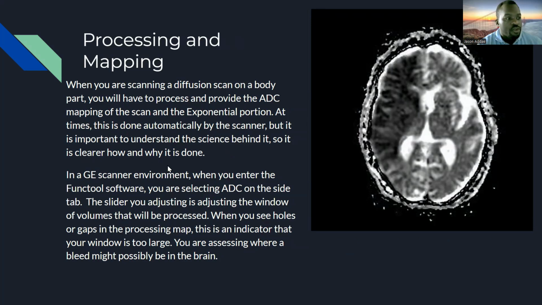We won't get into this too much now, but different softwares have different methods of reformatting their imaging in order to look at blood, in order to look at different values or different weighting of different material, such as brain imaging, perfusions, diffusions. A lot of that is software heavy.